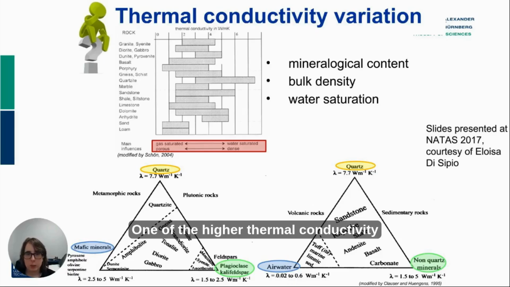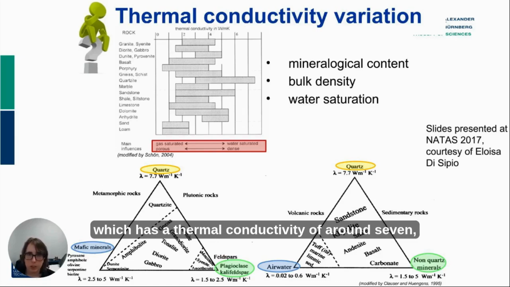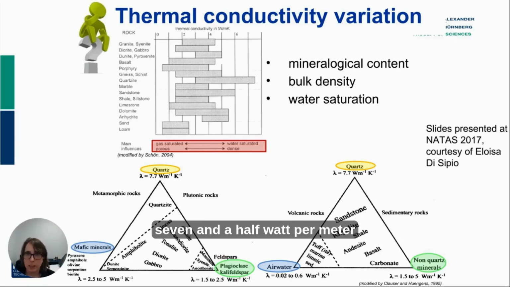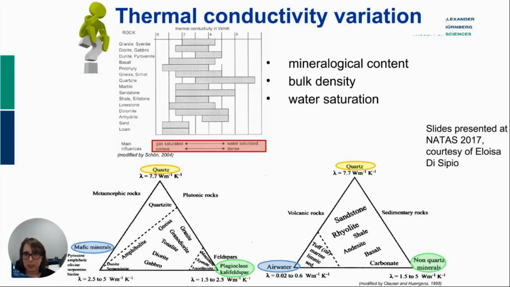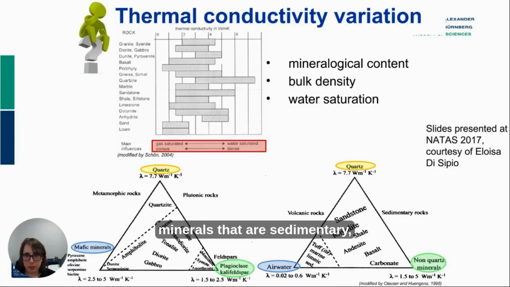One of the higher thermal conductivity minerals that exist is pure quartz, which has a thermal conductivity of around 7.5 watt per meter Kelvin. When you get into non quartz based minerals that are sedimentary, obviously the thermal conductivity starts to decrease considerably as you get into things, for example, like carbonates or shale type of materials.